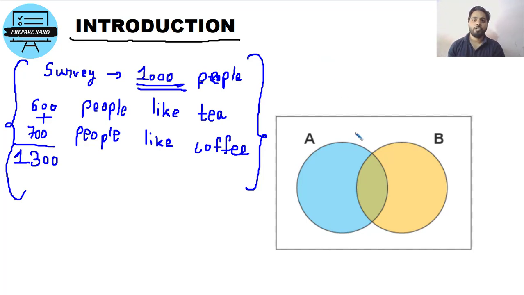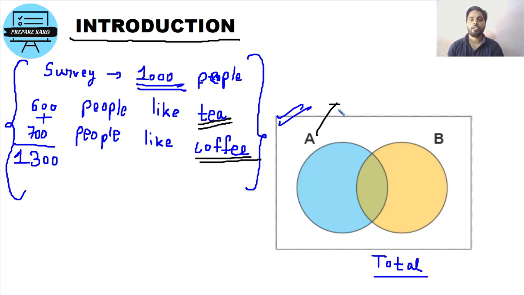Here it shows a rectangular box. This rectangular box always tells the total number. Then there are two circles here. Why are there two circles? Because there are two variables: one variable is tea and the other is coffee. Let's say circle A represents people who like tea and circle B represents people who like coffee.